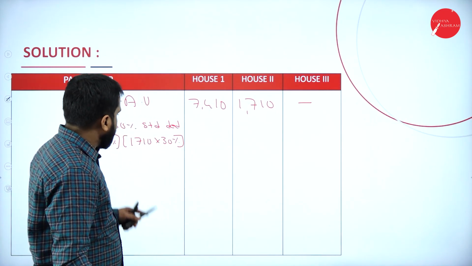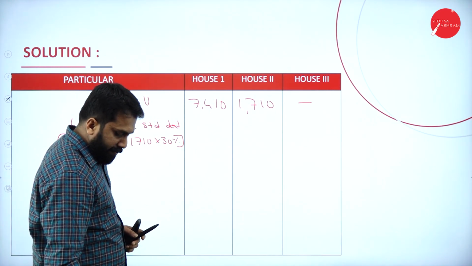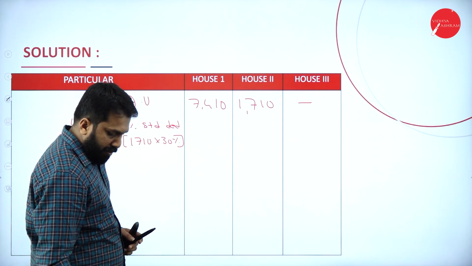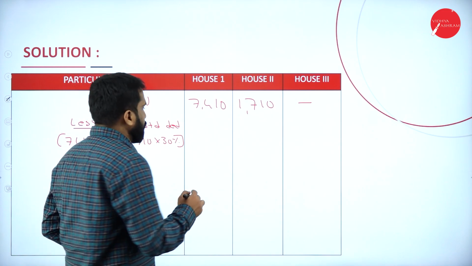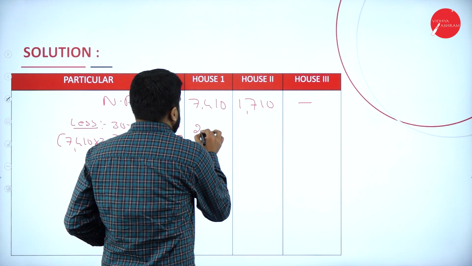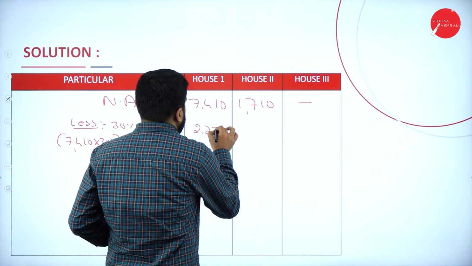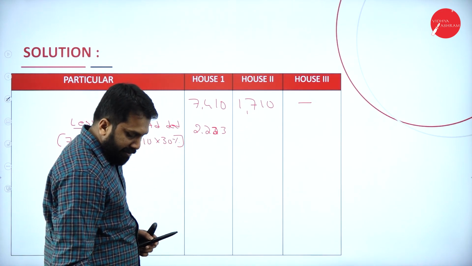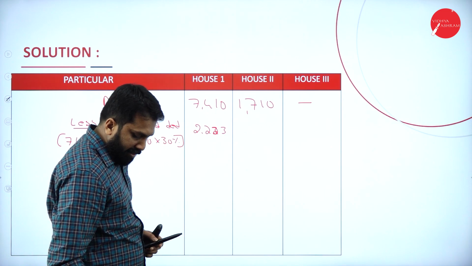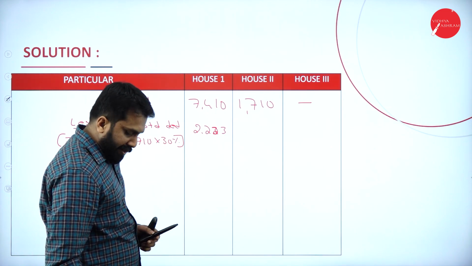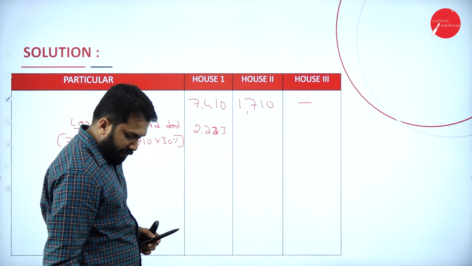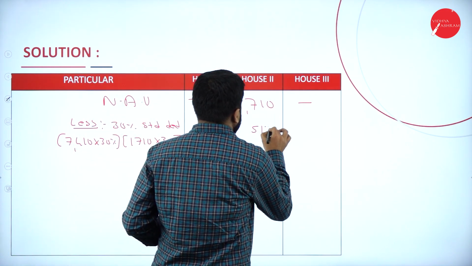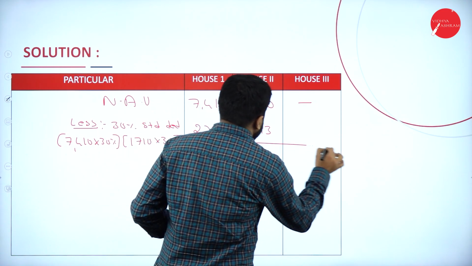I'll go for this. 7,410 into 30%, I'll get 2,223. 2,223 I got. And then 1,710 into 30%, I got 513.